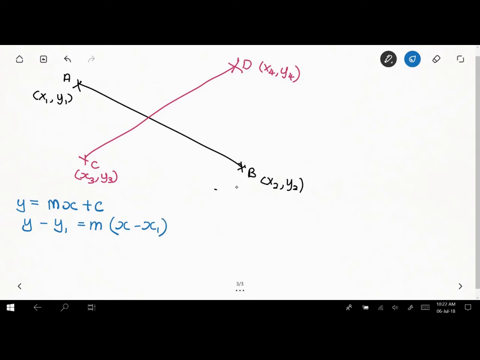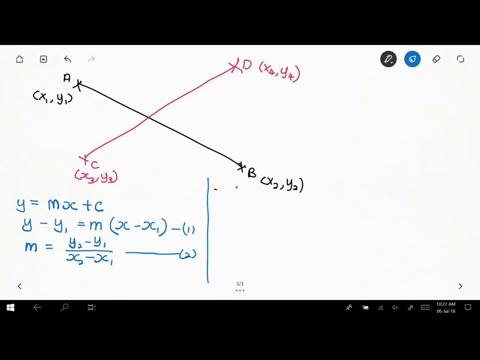So in this case, I've just formed an equation for line 1, where m is equal to y2 minus y1 over x2 minus x1. So this is the first equation, and this is the second equation. We're going to apply this in our Visual Studio C++ a short while later.